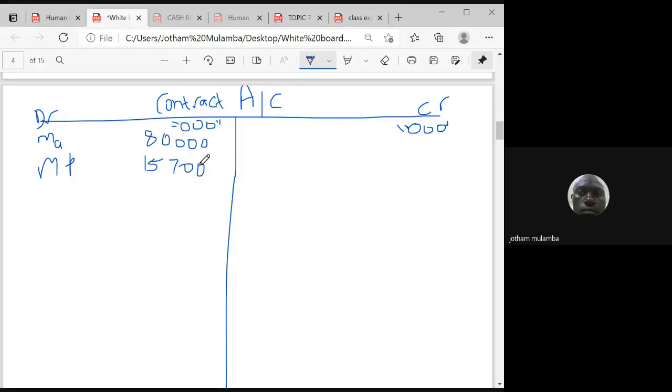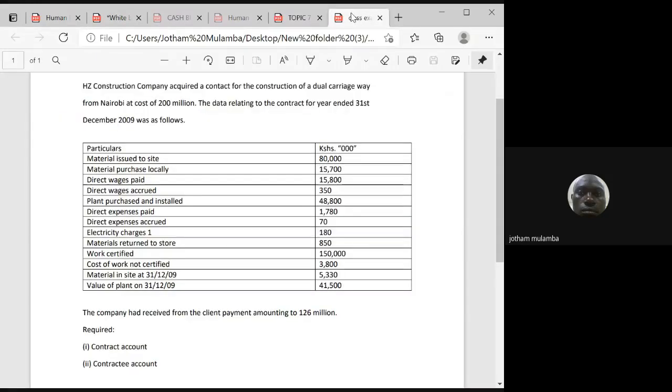Next transaction. I remember I said all expenses and all purchases.